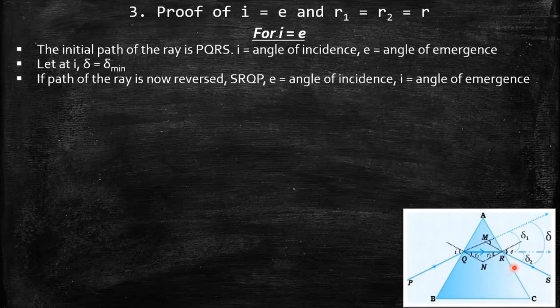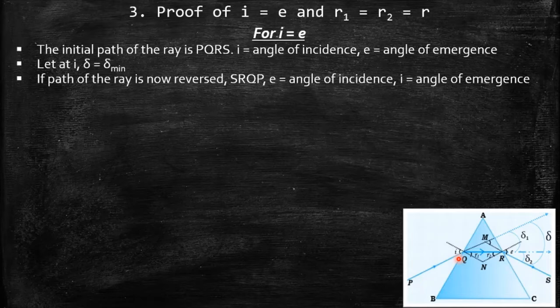So this time what do I get? Well, I get for a fact that E, please note this down really, E is now the angle of incidence and I becomes my angle of emergence. Now tell me one thing, did I by any chance change the ray?